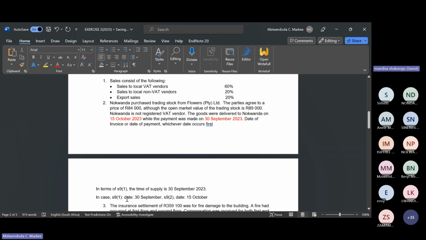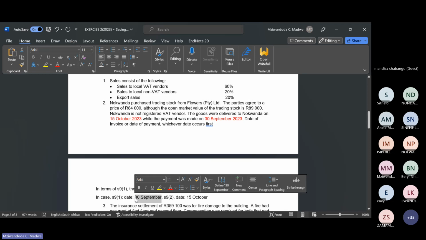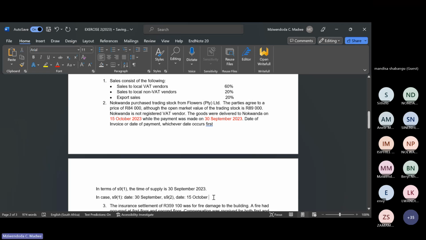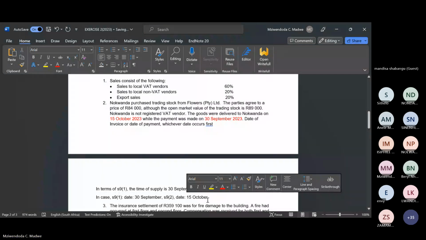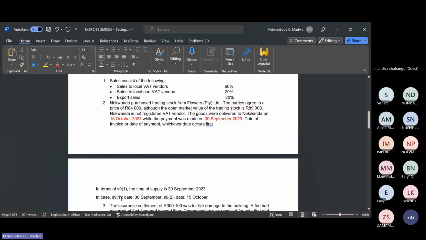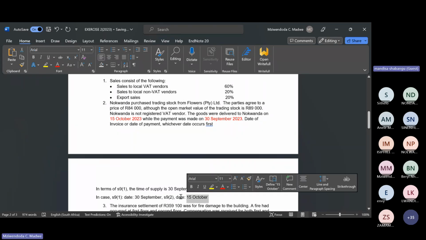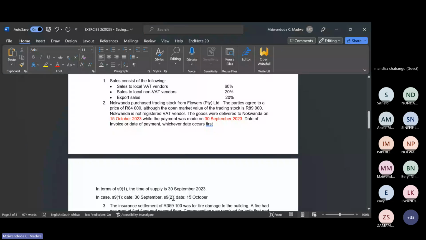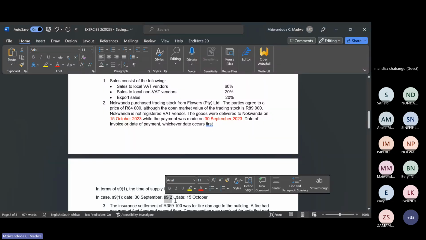In our case, remember, the date of section 9, subsection 1 is 30 September, which is before October, which is the date of section 9, subsection 2.